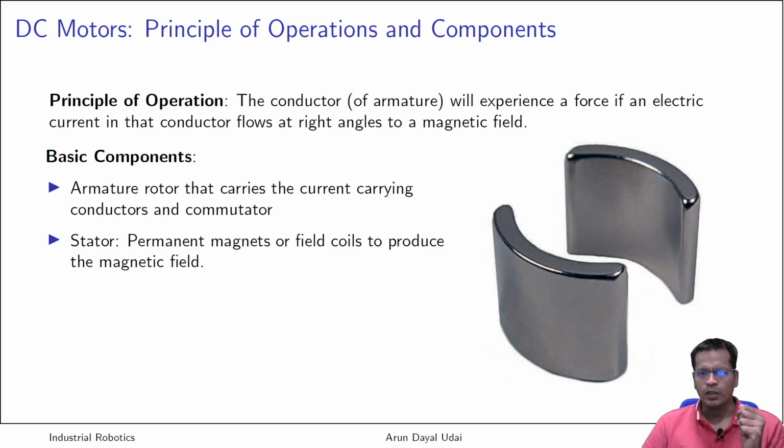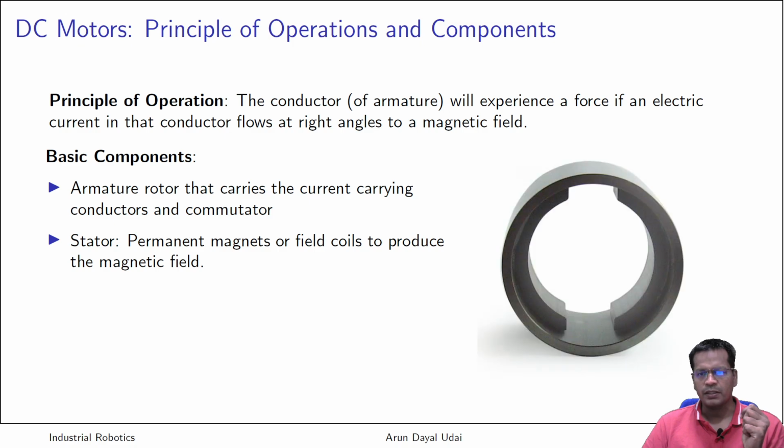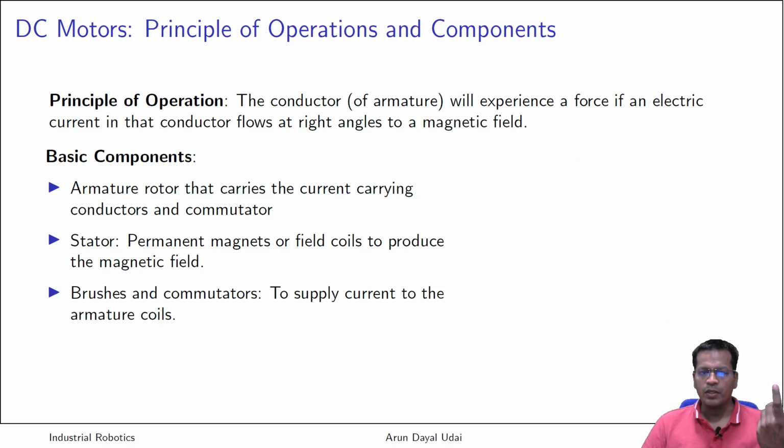First let me show you what different components make it. So this was the stator. Another stator could be arranged like this within the circular chamber, so that everything is enclosed within the motor itself and it creates lines of force inside. Okay, so this is how a stator looks. And then another very important component is the brushes and commutator.